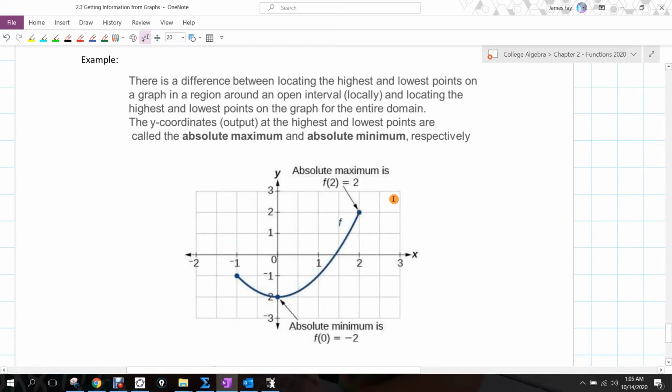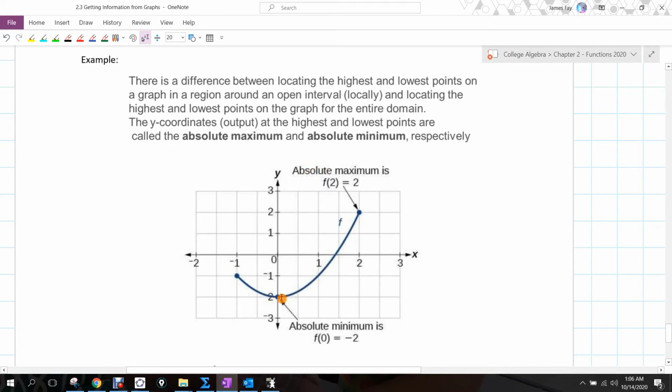Okay, even though it's not a peak, we're not at a transition from increasing to decreasing, but we do chop the graph off here. It's finite now. That would be the largest y value on the graph, so that is a maximum, and it would be the absolute maximum or global maximum.